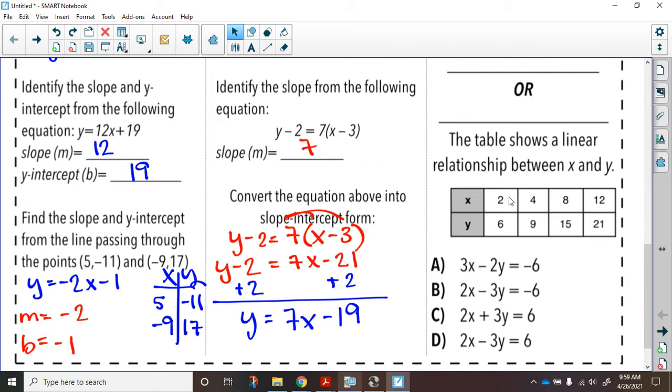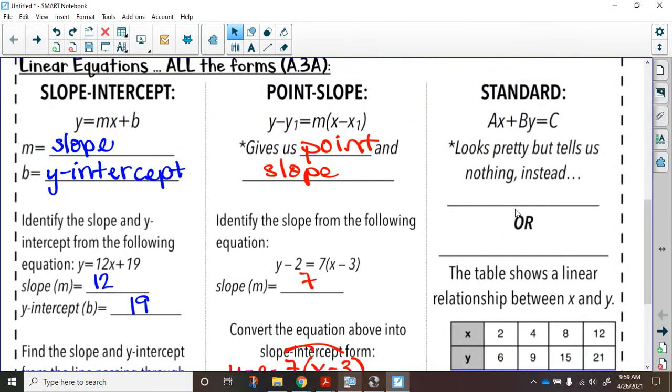Alright, and so the last kind of problem is standard. It's ax plus by equals c, where a, b, and c are all numbers. So yes, this equation looks pretty, but it doesn't tell us anything.